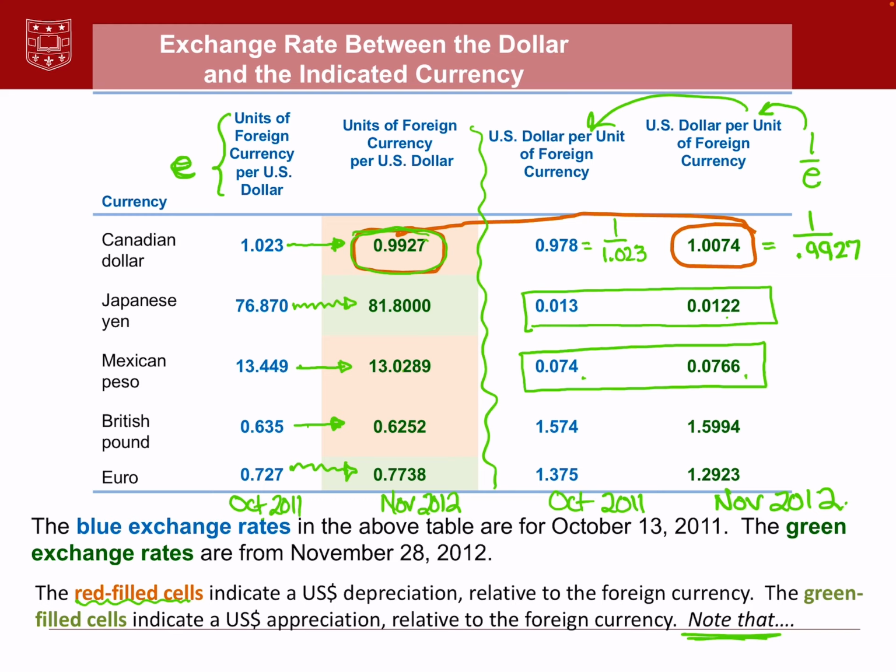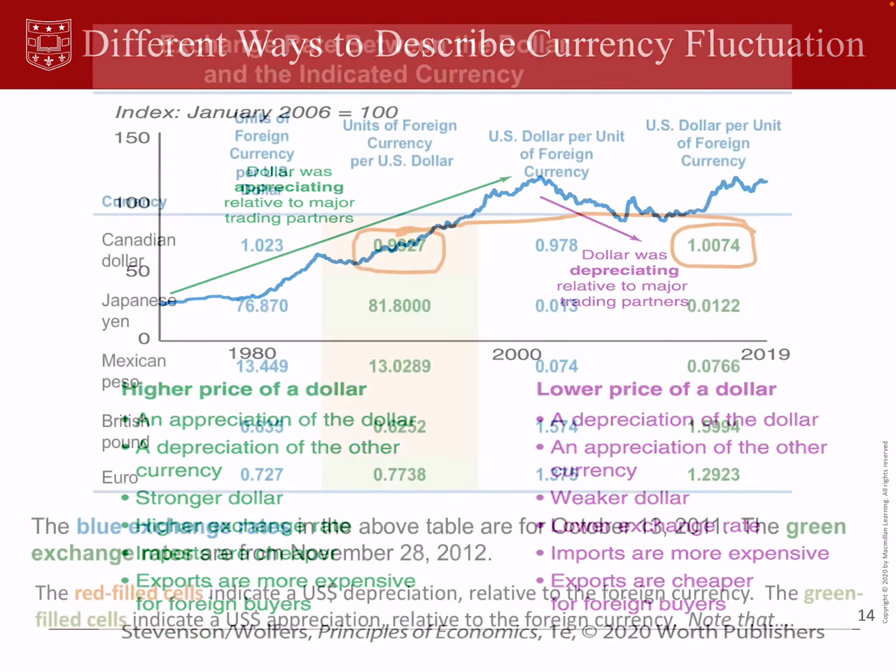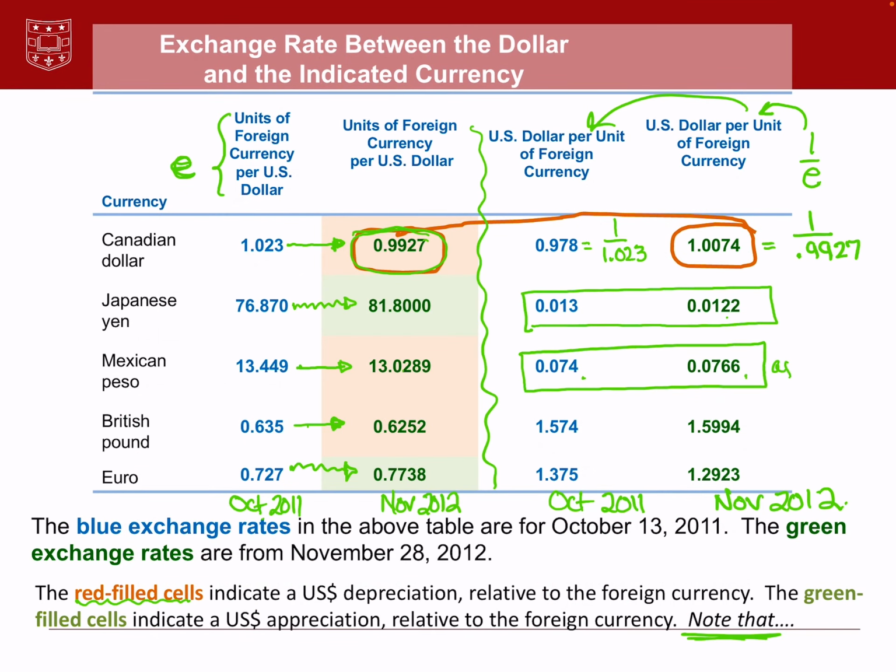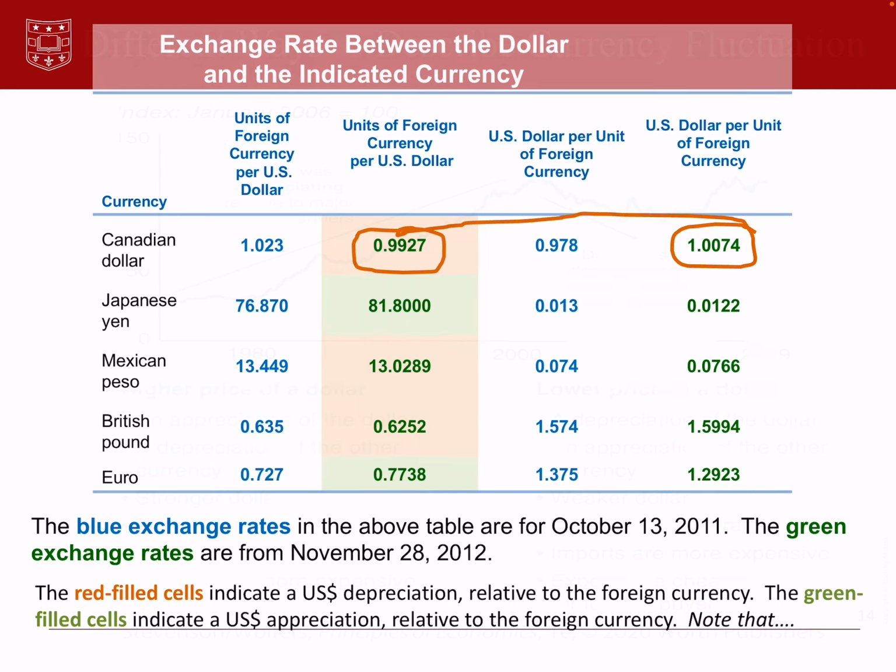So this is an appreciation of the peso relative to the US dollar, and this is a depreciation of the US dollar relative to the peso. Okay, so you're going to see the flip side of this.